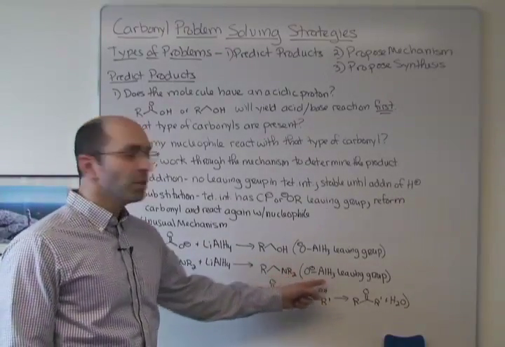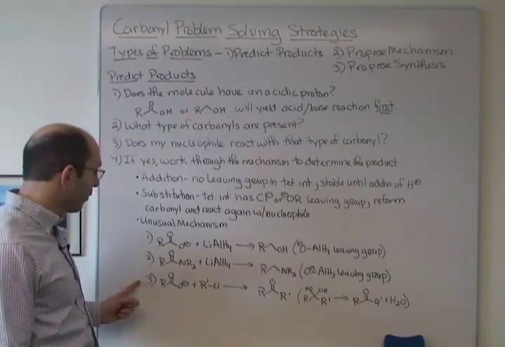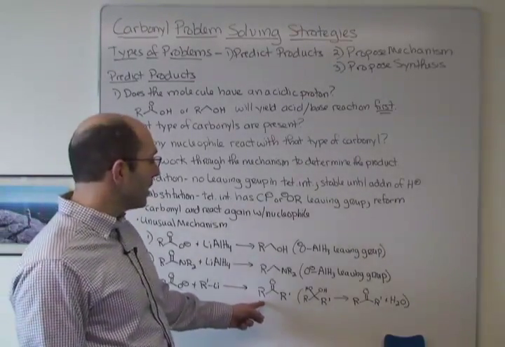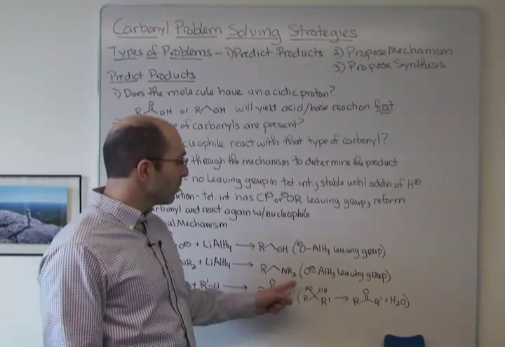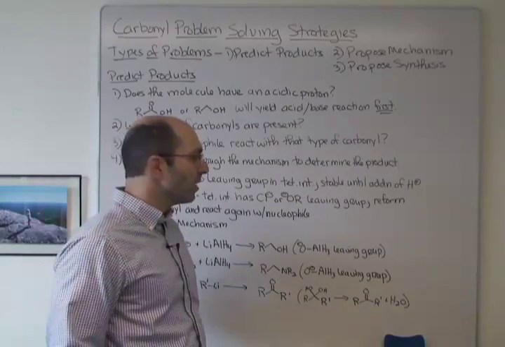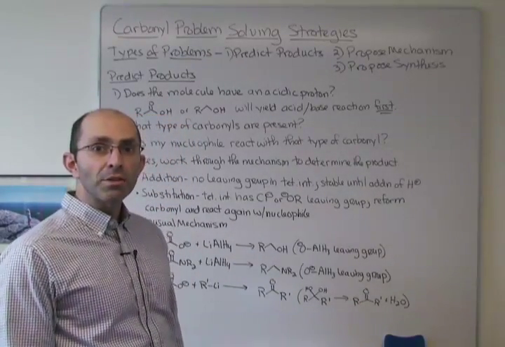Same strange leaving group, and we worked through that mechanism in class on Monday. And then the third one is a carboxylate anion plus an alkyl lithium, which gives us a ketone. And that goes through this hydrate intermediate, which we said is unstable, and reacts to give a ketone in water. That's a mechanism that you're working on to bring to class on Wednesday.